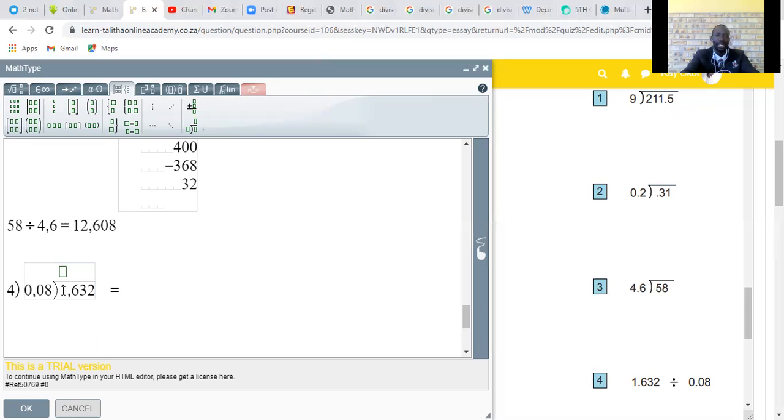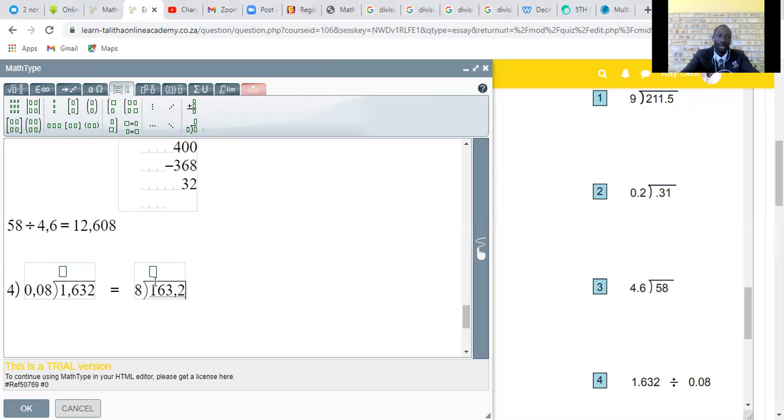So, what will that give us? Well, that should give us a new set for calculation. We move how many steps from the divisor? 1, 2. So, we will be having 8. And we do the same here, 1, 2, giving us 163.2.